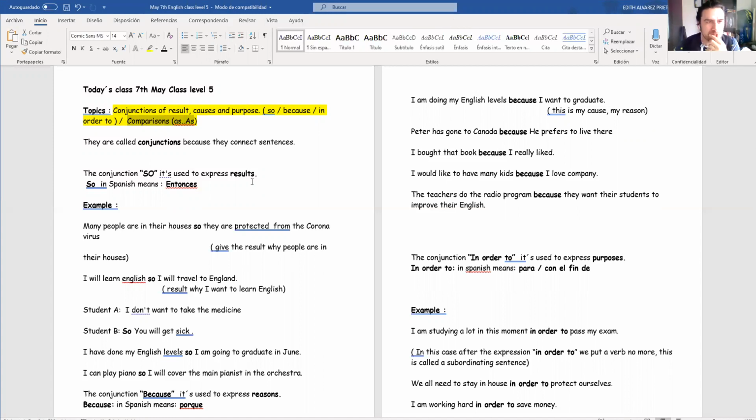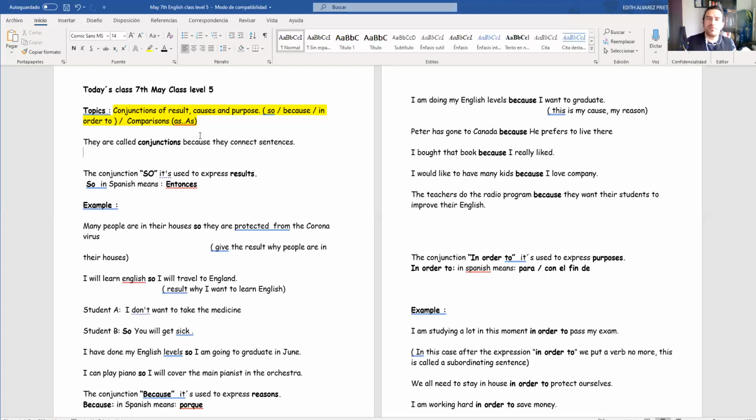Okay, so welcome. We are going to start with the first topic of today, which is conjunctions, okay? They are called conjunctions because they connect sentences, okay? That is the idea of the conjunctions. Connect one sentence with another sentence and make some cohesion in the language, something more logical, like an order to the language, okay?